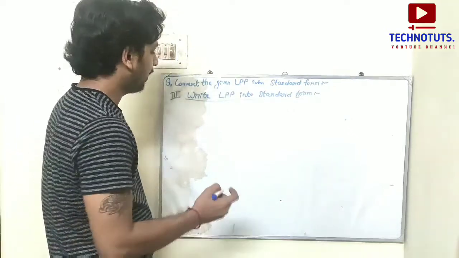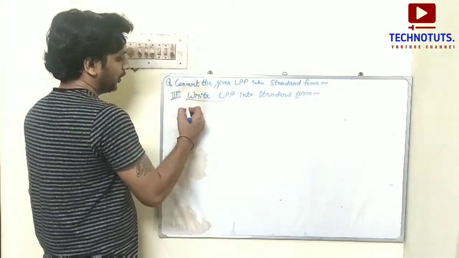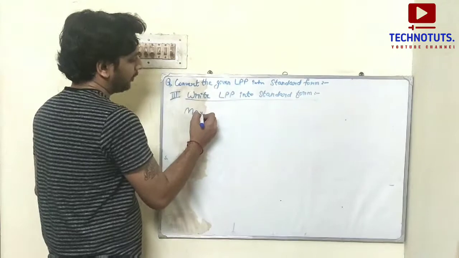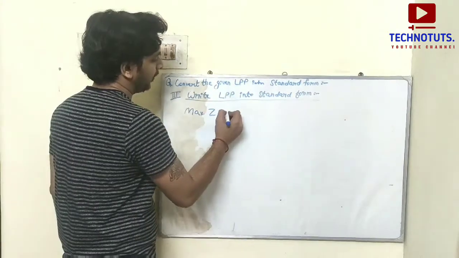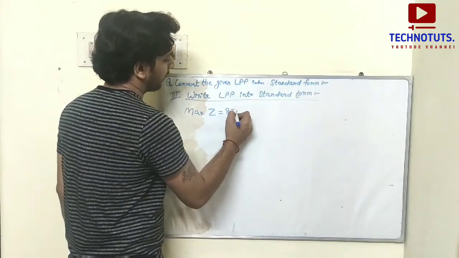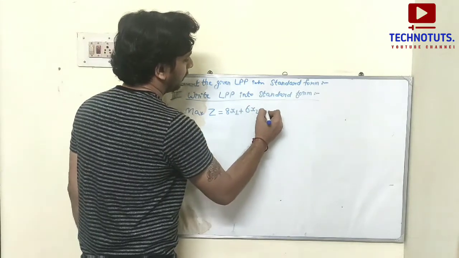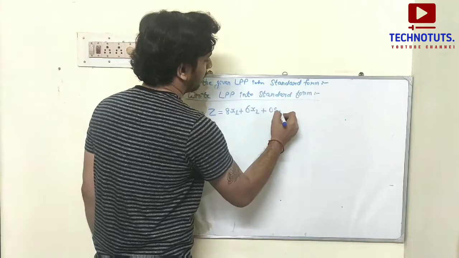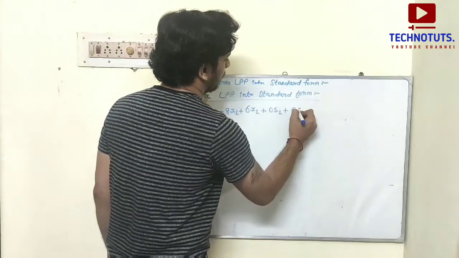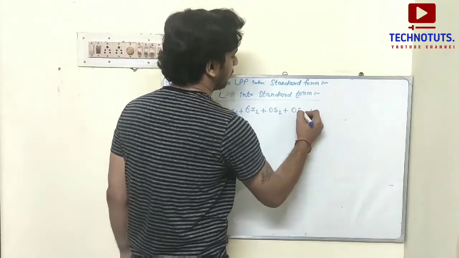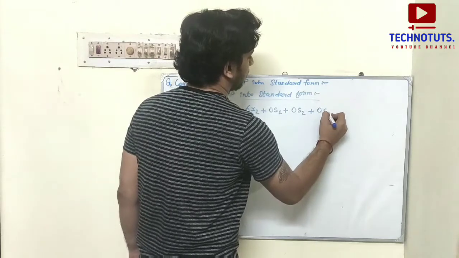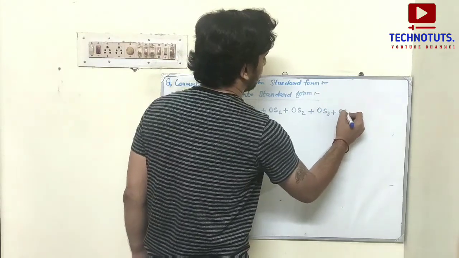Okay, so what is the objective function? Maximize z is equal to 8x1 plus 6x2 plus 0s1 plus 0s2 plus 0s3 plus 0s4.